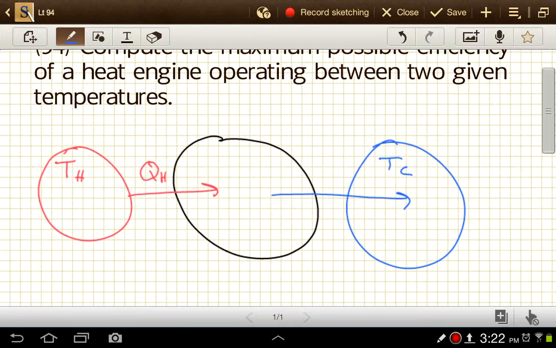The amount of heat that goes there, we'll call QC.